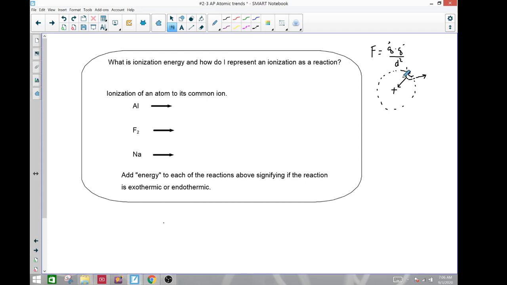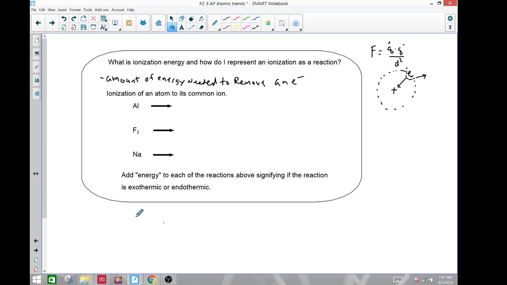So what is ionization energy, and how do I represent the ionization in a reaction? This is the amount of energy needed to remove an electron.